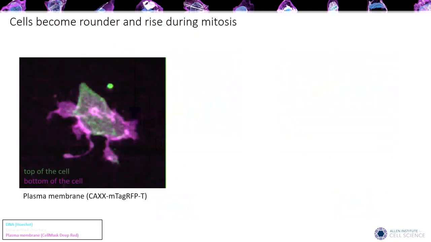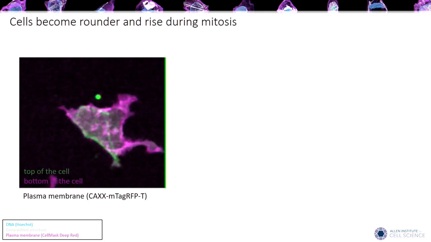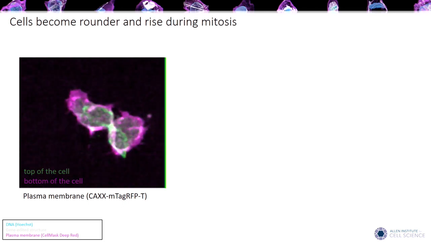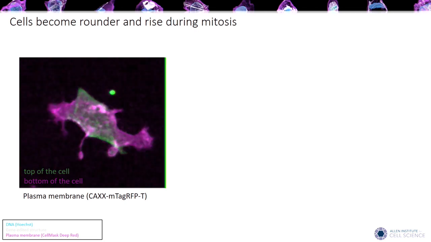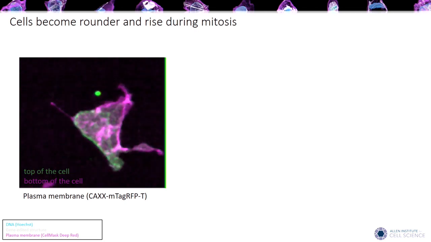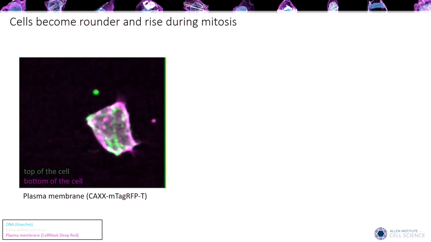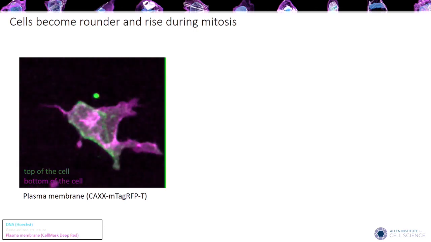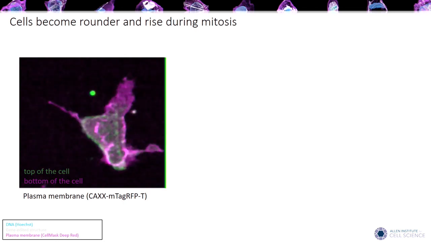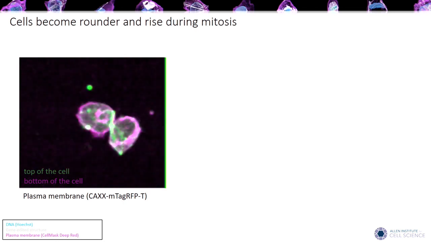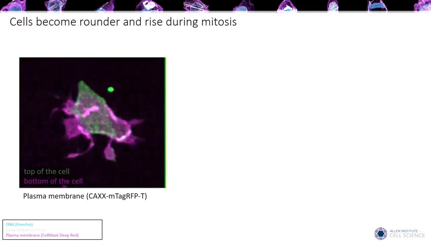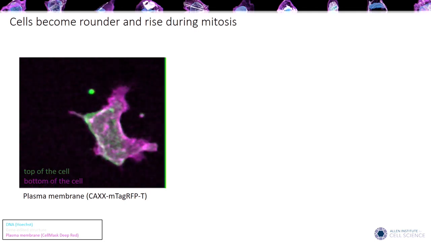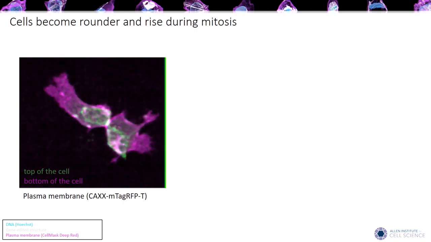An answer to this might be from this movie, where you have a plasma membrane gene-edited cell, and all we see is the top slice of the cell in green and the bottom slice of the cell in magenta. I hope you can appreciate how rigid that top part of the cell stays, while the bottom part of the cell vastly explores the surroundings.